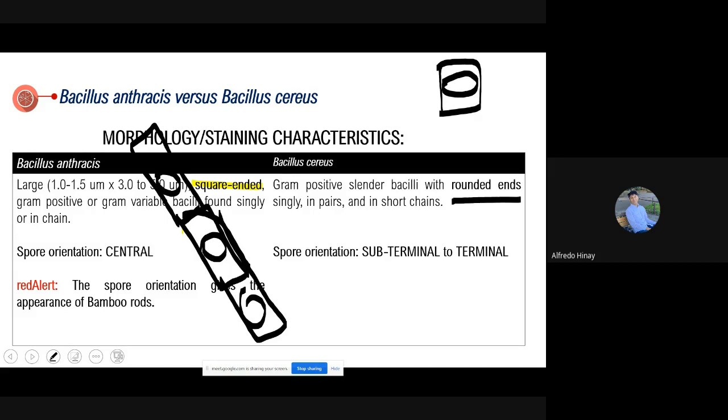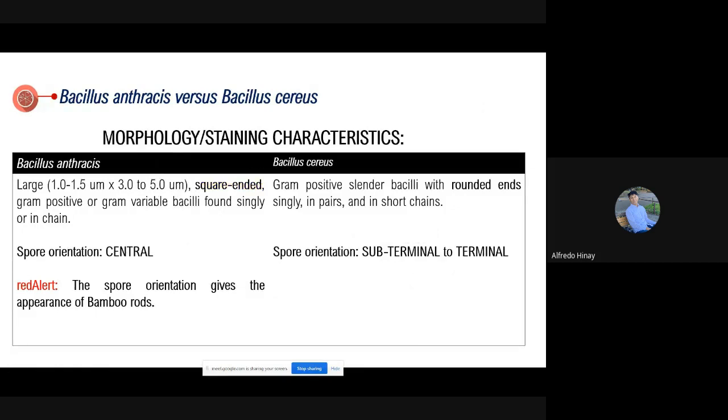Ganito yung itsura niya, sa end niya, pa-round. Tapos, saan daw yung spore niya? Terminal or subterminal. So, either subterminal or terminal end. Okay, so that's the difference between your Bacillus anthracis and your Bacillus cereus.